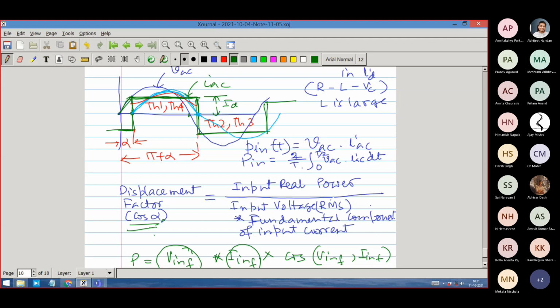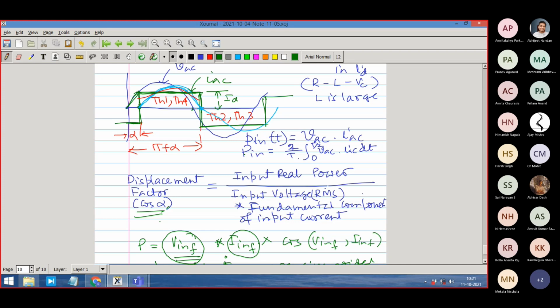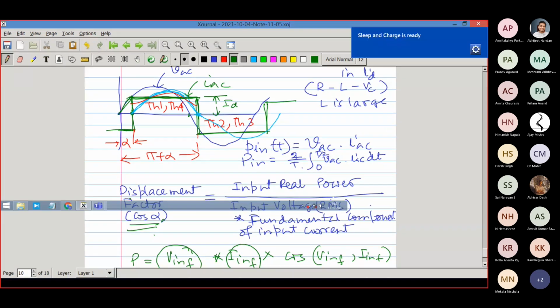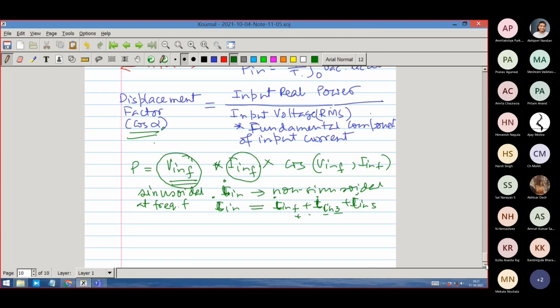Therefore, the firing angle is directly related to the displacement factor expression cos alpha. I hope you have understood the meaning of displacement factor.